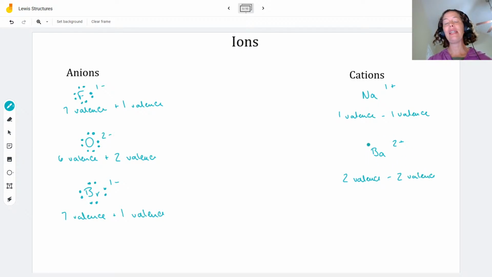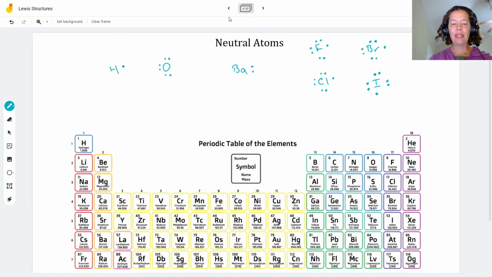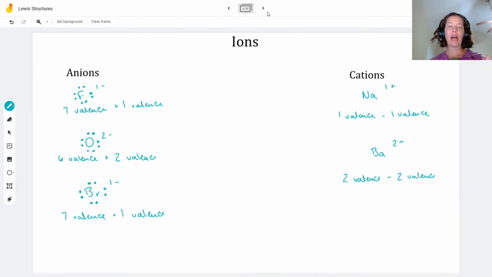So we just leave it as is, just like this. Again, so barium and sodium, and you can see this. So here's sodium. When it loses that 1 electron, it gets the electron configuration of neon, so it has a full octet. Barium, it's the same, except it's got to lose 2, and then it has the electron configuration of xenon. So this is the deal with ions.